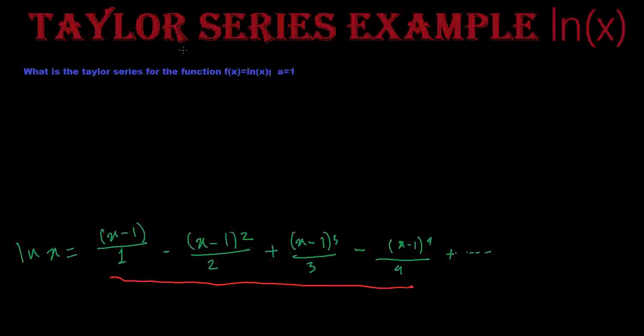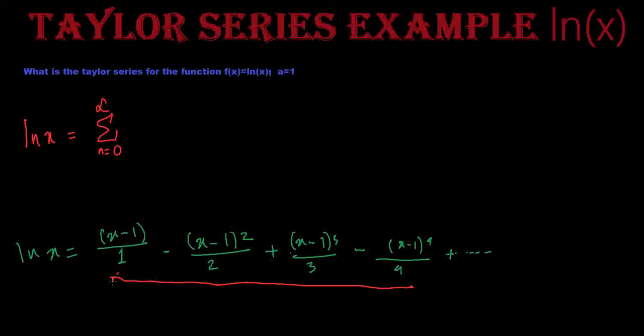So this is a Taylor series. As we know, a series is always represented as a sum, so we have to find a way to represent this series in summation notation. So let's write it in summation notation. ln x equals summation n equals 0 to infinity.